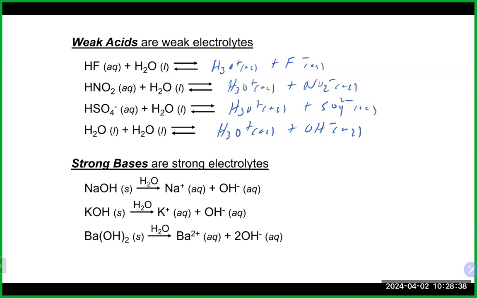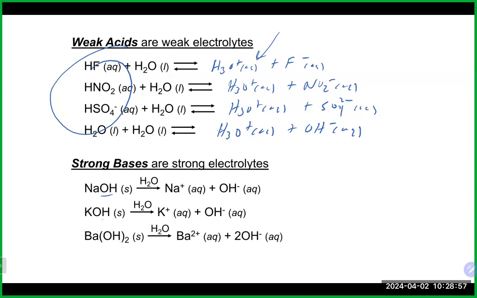Now, again, most of what you're going to have in solution is everybody on the left-hand side, but they are still, as I mentioned, able to produce a little bit of those H3O+ and still considered an acid in this case.